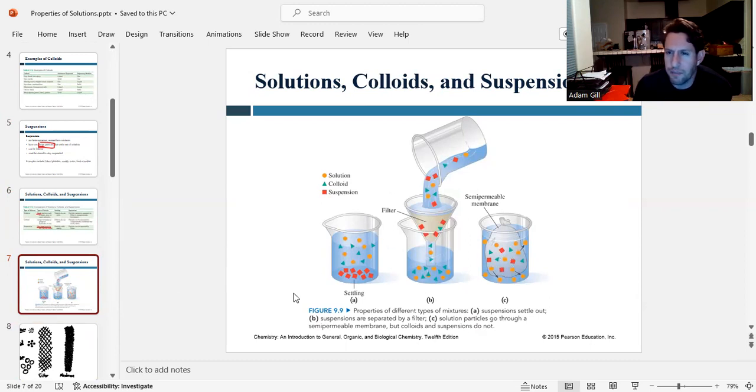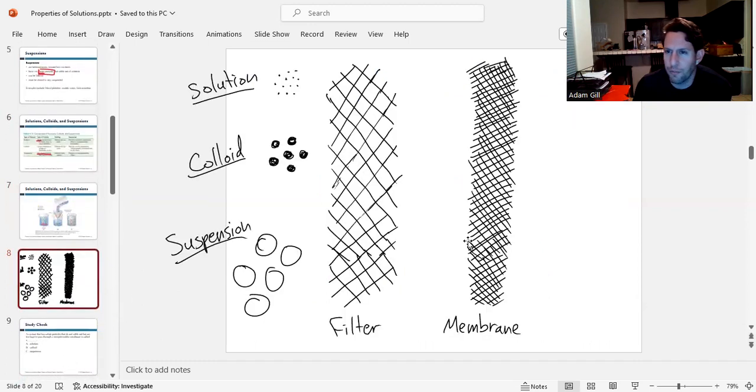I don't really like this image, so I made this really terrible one by hand, but it's trying to illustrate the same point. So a filter is like a screen with big holes, and a membrane is like a screen with really tiny holes. And so solution, because it has tiny little particles, will pass right through both of them, and you'll have your particles on the other side.